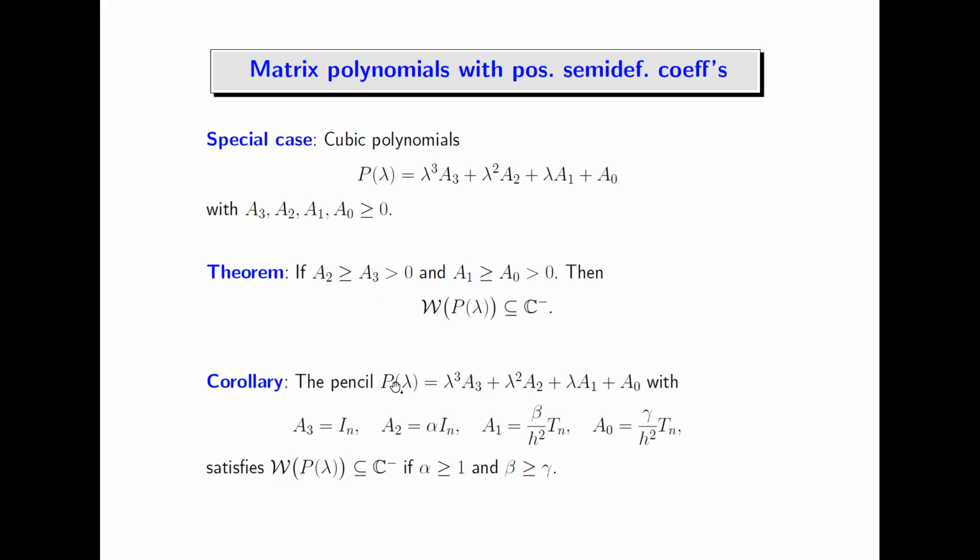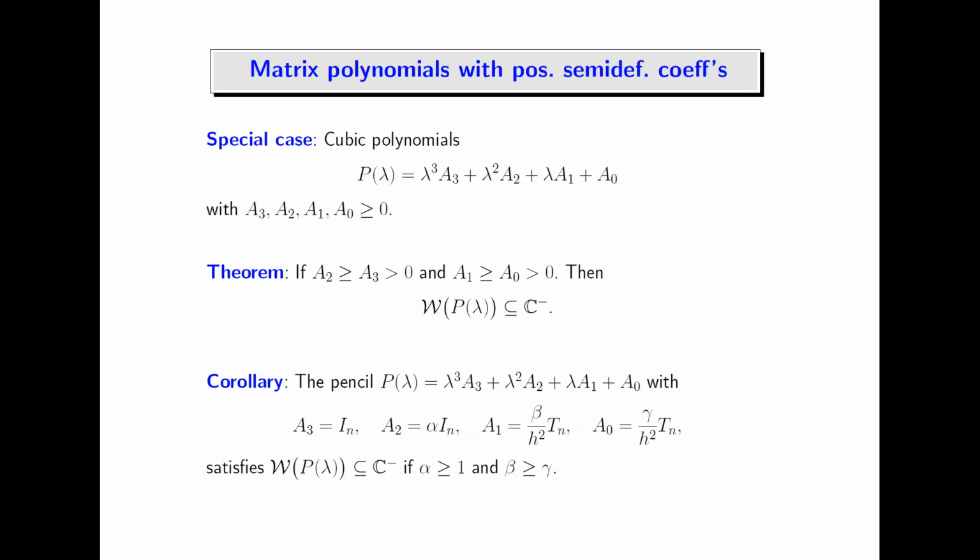And for our particular application, this is easy to check because the matrices that you have to compare have a very similar structure. So this then just reduces to: if the parameter alpha you have here is larger than 1, and if the parameter beta is larger than or equal to gamma, then it is guaranteed that all eigenvalues are in the left half plane.